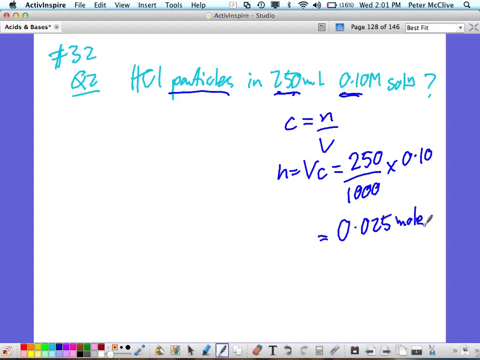Now the number of particles is we multiply that by Avogadro's number of 6.02 by 10 to the 23, and we get 1.51 by 10 to the 22 particles. Is that right? Yes.